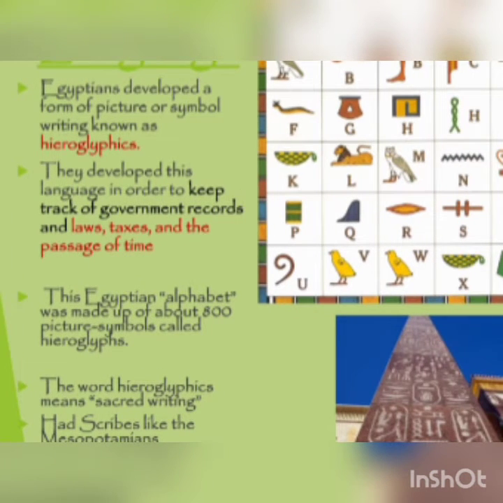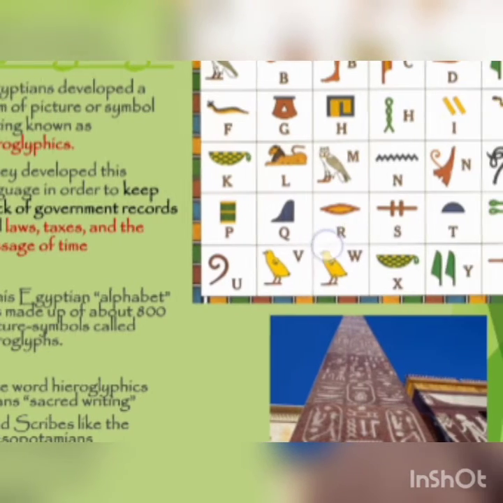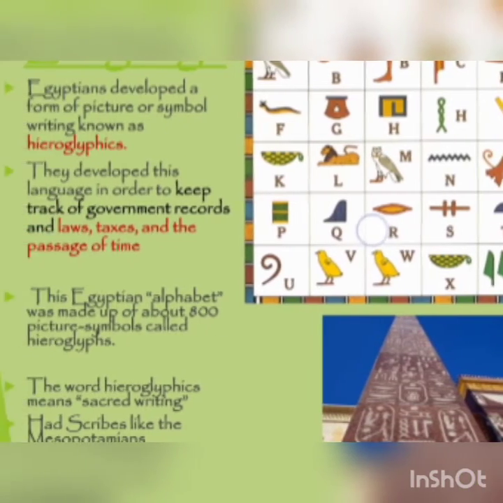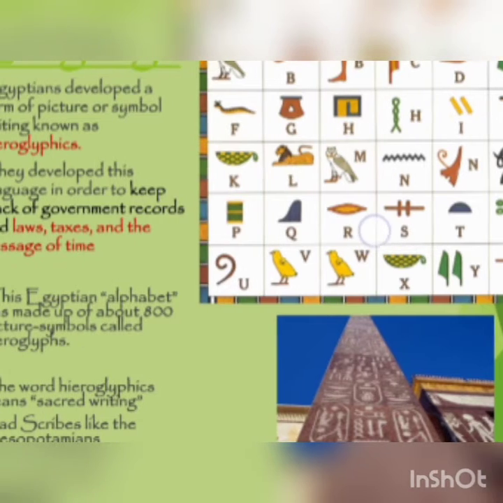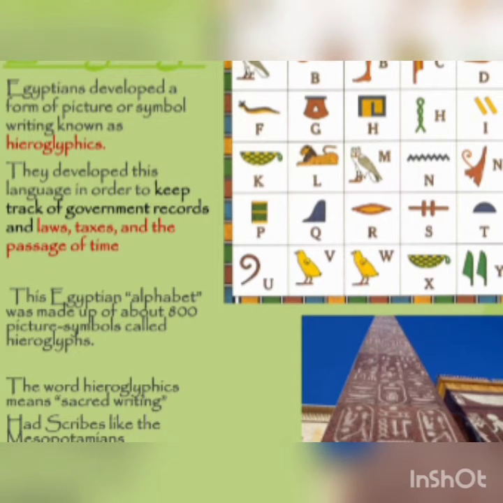Okay. And the Egyptian alphabet is called hieroglyphics. See, each picture has some meaning. And this Egyptian alphabet was made up of about 800 pictoric symbols.